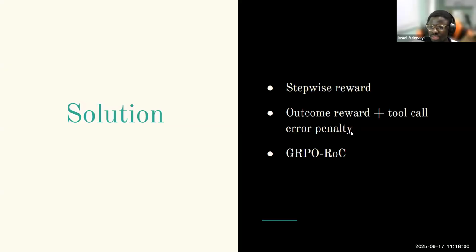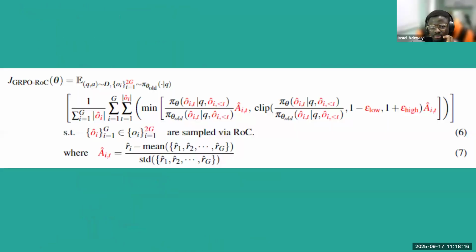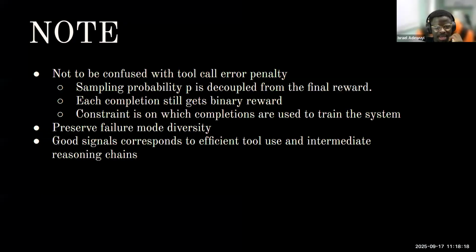But the thing to note is that the model is still only being trained on the binary 0 or 1 reward. So it is just the filtration mechanism we apply to the trajectories. That is the new thing, let's say. I just thought these were some important notes to make while I was reading the paper.